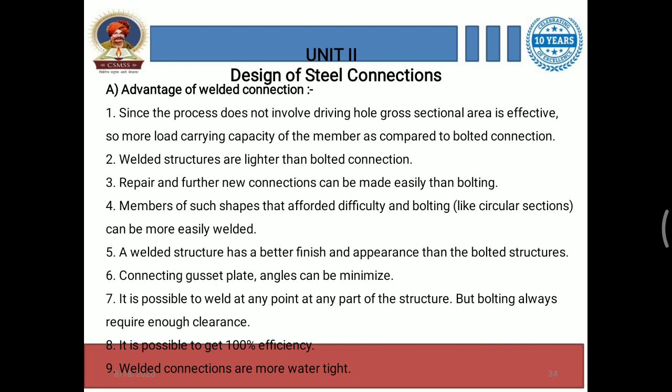That's why they are more watertight as compared to bolted connections. And that's why, especially for liquid storing members or liquid storing tanks, welded connection, or the welding process, is used in such cases.